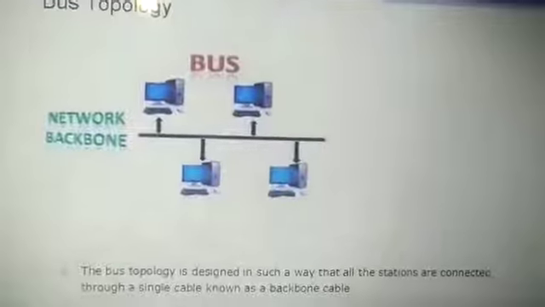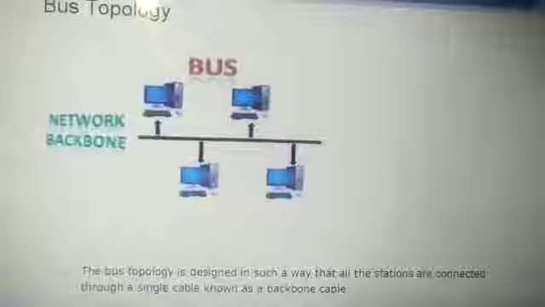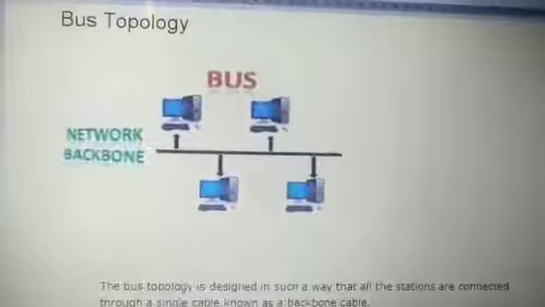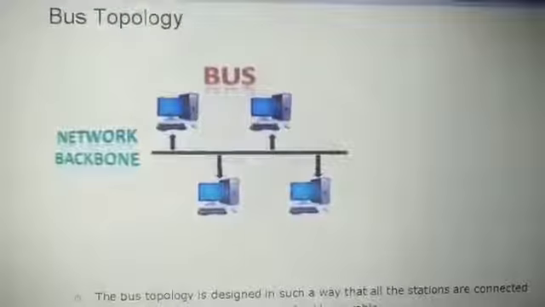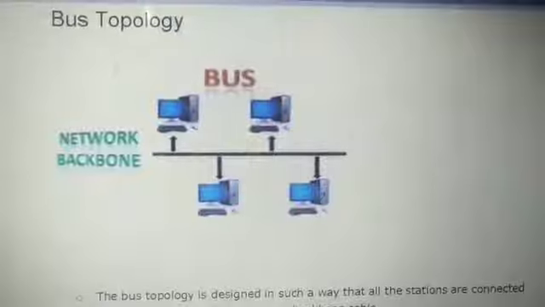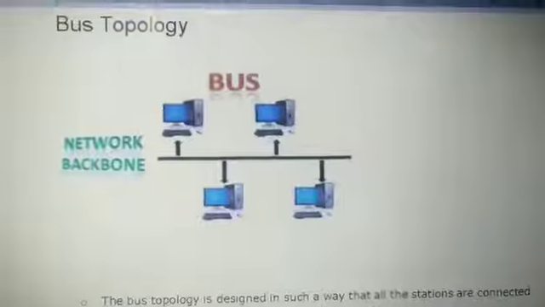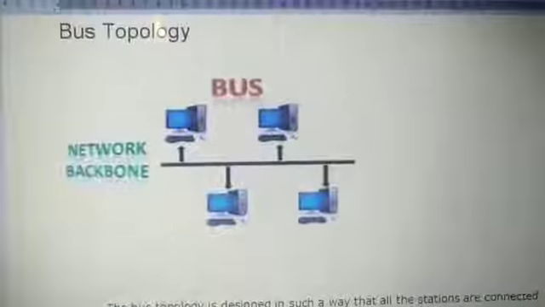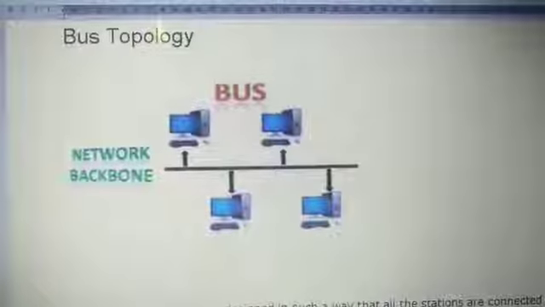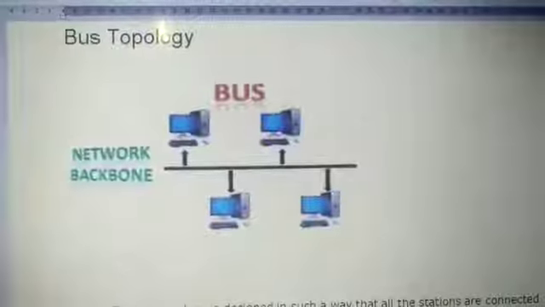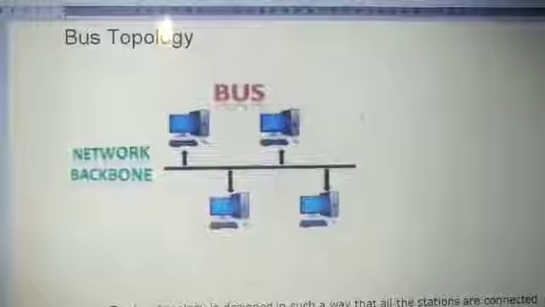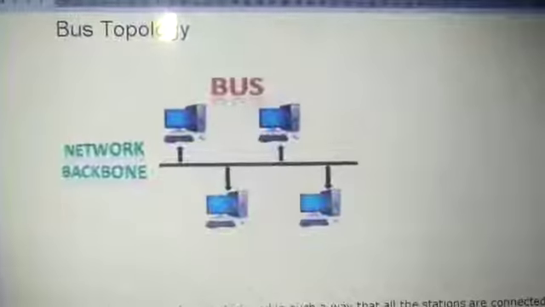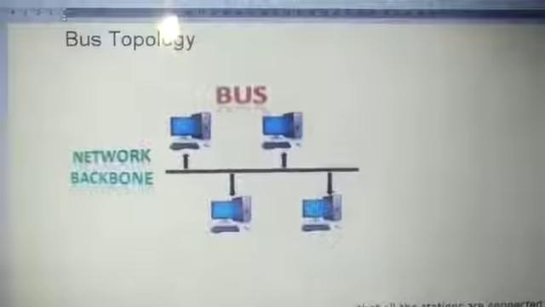First we have to understand why this kind of topology is called bus topology. What is the purpose of a bus? It is public transport. This bus will halt at each and every stop. It will pick up the passengers and drop them according to their destination. Here also the same thing is happening.